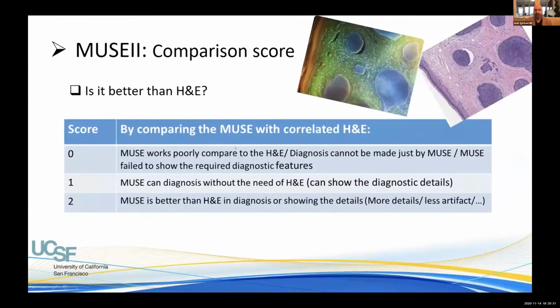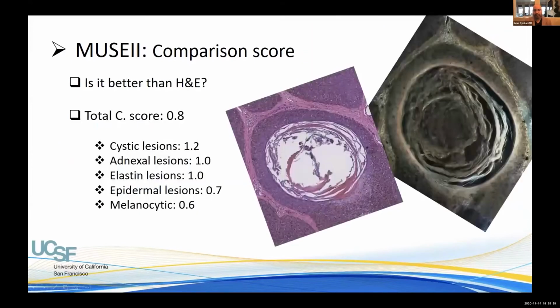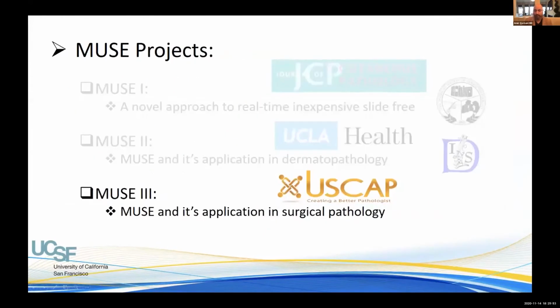And then when we compared it, we gave a score from 0 to 2. If it's 2, it means it's even better than H&E. So the actual score was 0.8, meaning it's a little weaker in general than regular microscopy, but it's diagnostic. And in some areas like cystic lesions or adnexal lesions, it is equal or even more powerful than H&E.